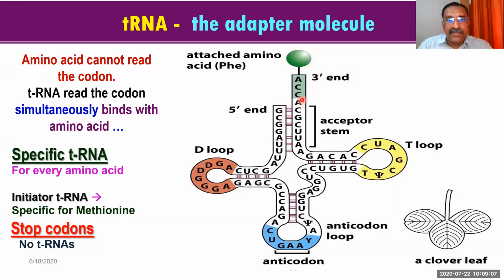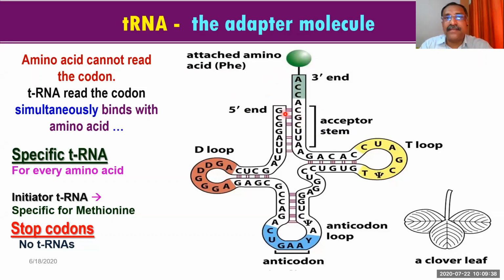So this much what I told you is clear to you, friends. I told you about the structure of transfer RNA. In the structure of transfer RNA, I repeat, there are 3 loops. There is one loop called D loop on the left side, on the right side T loop, and down the anticodon loop, where 3 nitrogen bases are there, which are unpaired. These are called anticodons. And opposite of that, there is a free end.